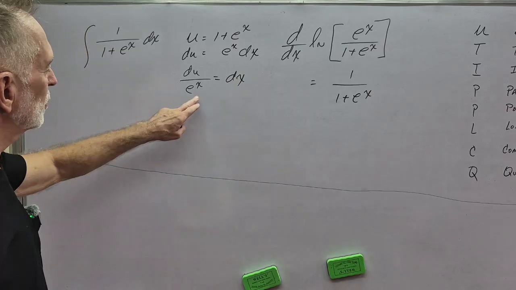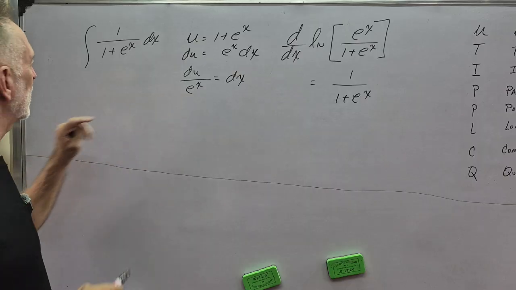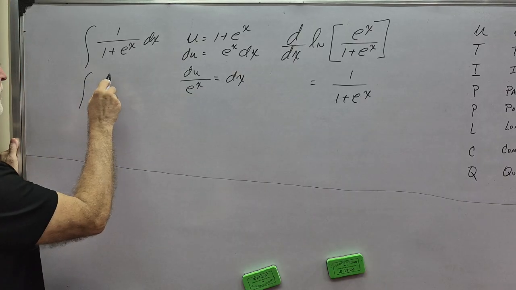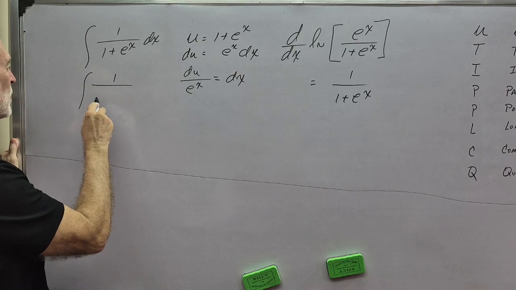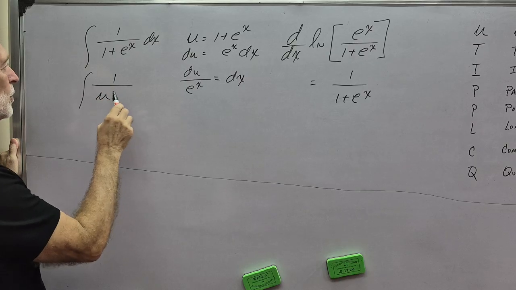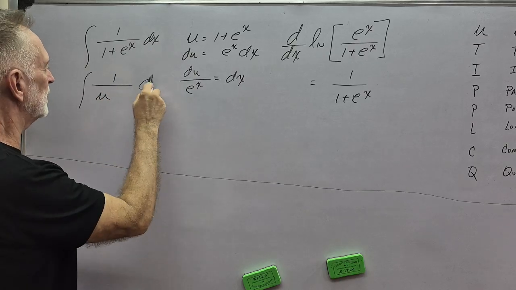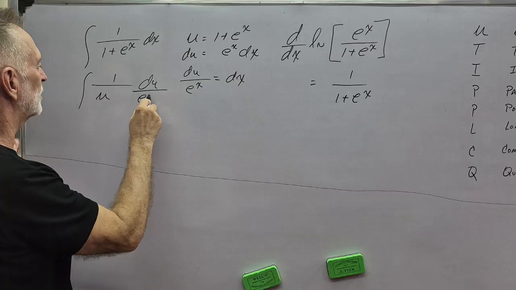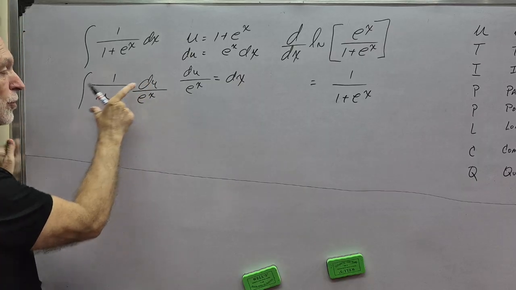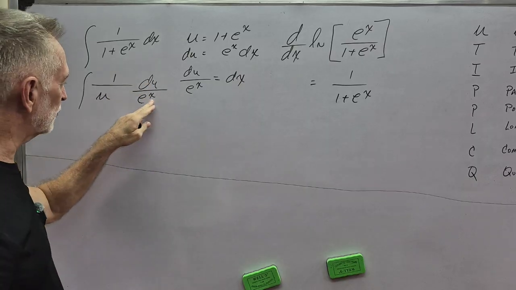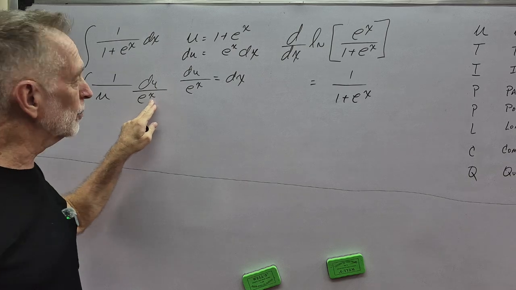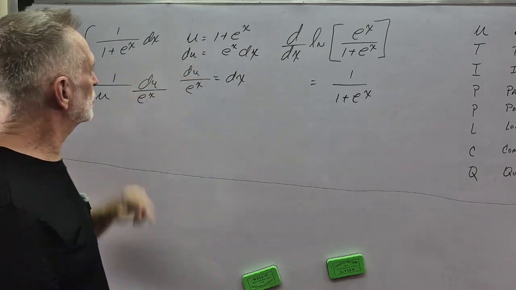All right, now I have a little challenge here. I have an e to the x term. We'll say 1 over u, and dx was du over e to the x. I'm in the u world, or trying to be, so I don't need a term with the x in it. So let's take this.